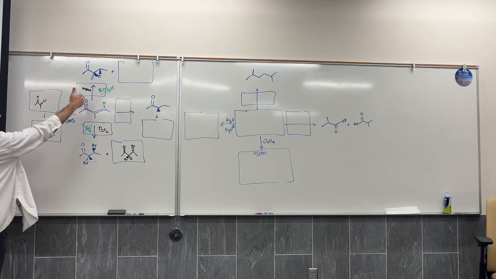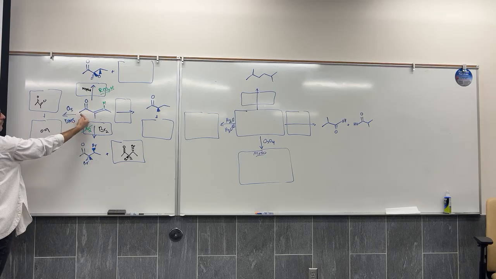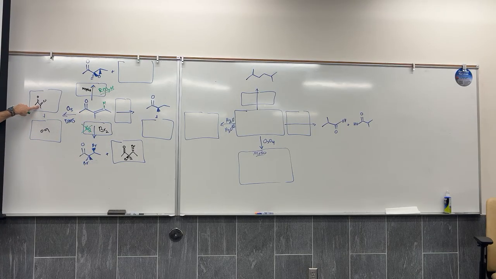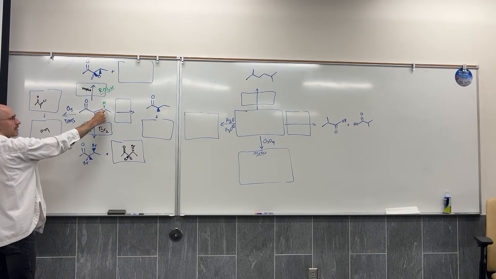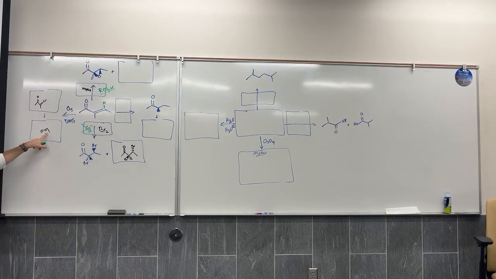So we get cleavage and 2 carbonyls. On the left, I create a ketone because that carbon of the alkene is already bonded to 2 other carbons. So my alkene gets cleaved, I get a ketone. On the right, I get an aldehyde because that carbon is bonded once to a carbon and once to a hydrogen. So that carbonyl version becomes an aldehyde.